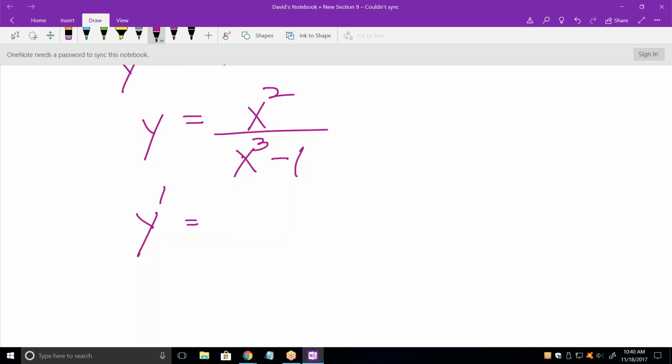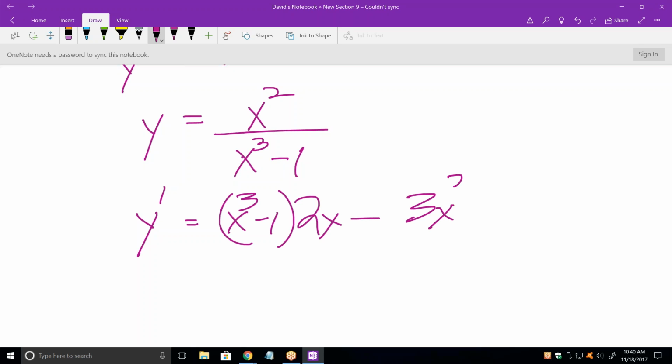So it would be x cubed minus 1 times 2x minus 3x squared times x squared, sorry, all over x cubed minus 1 quantity squared.